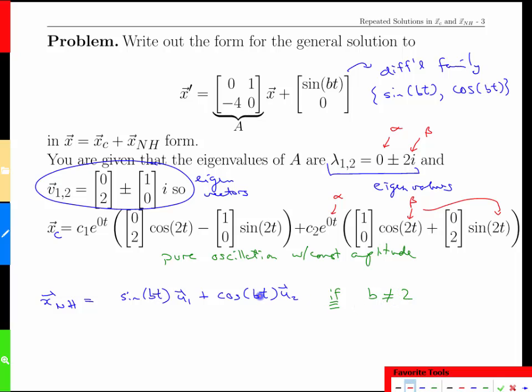As soon as that b value is 2, then we get overlapping solutions. We get sine 2t, cos 2t are in our corresponding solution already, and that would mean we would have to boost by t.